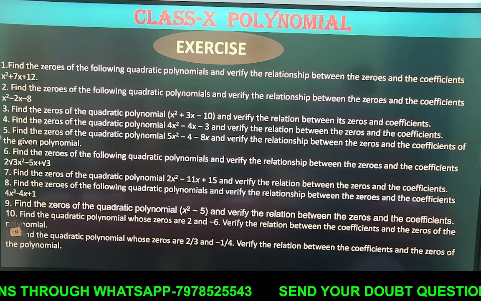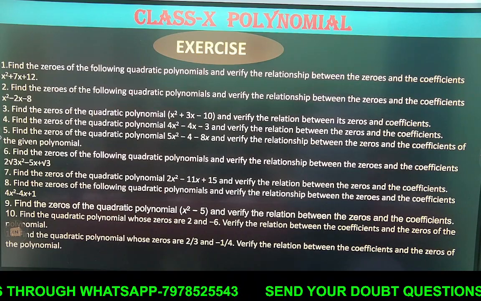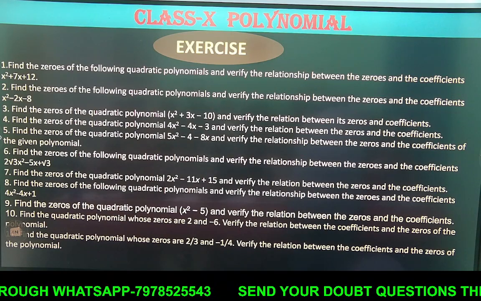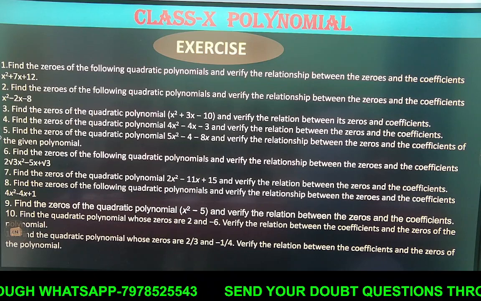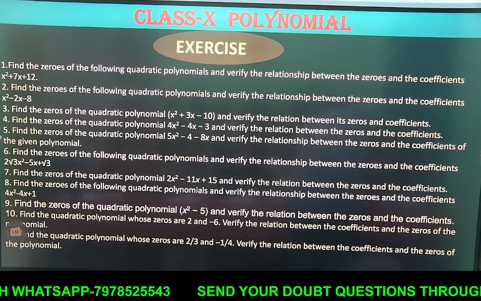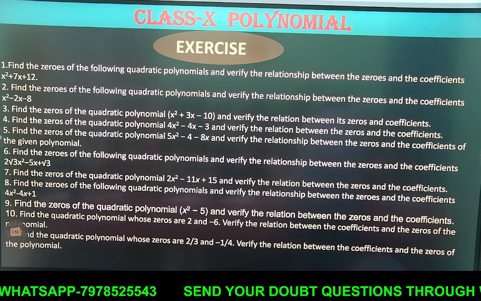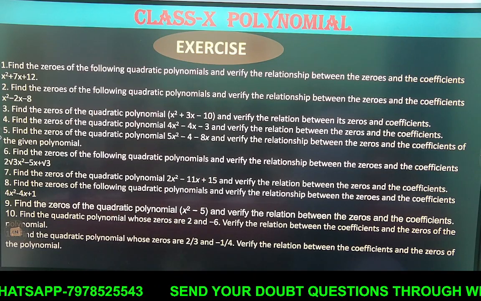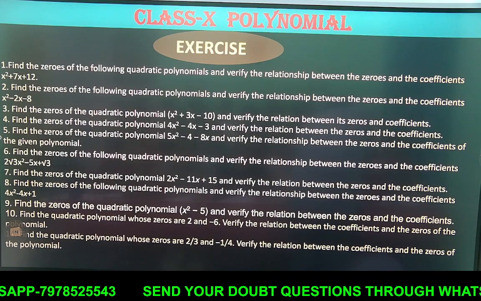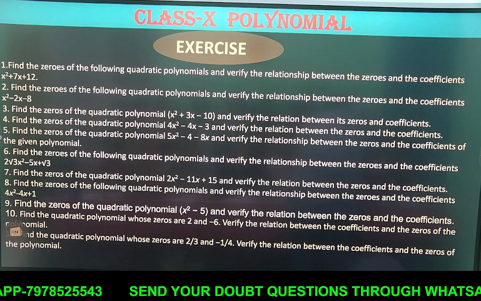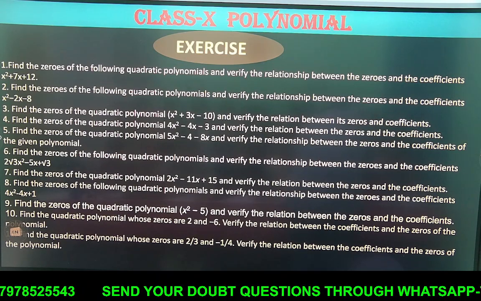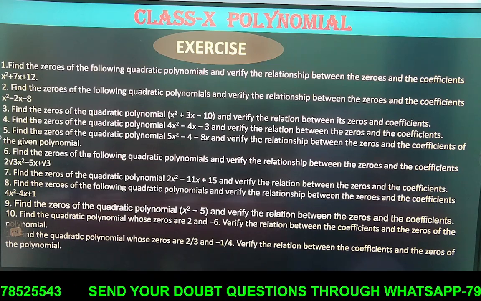You have written this is a relation. LHS is what? Alpha plus beta. Alpha is minus 3 plus minus 4, which is minus 7. RHS is minus b by a. Minus b is 7, a is 1, so minus 7.